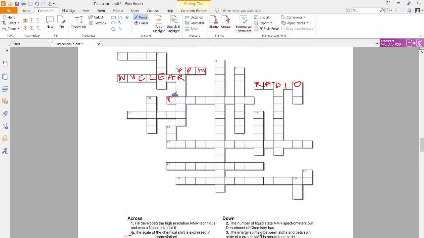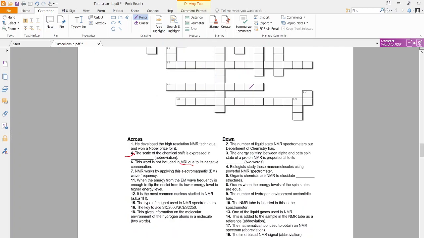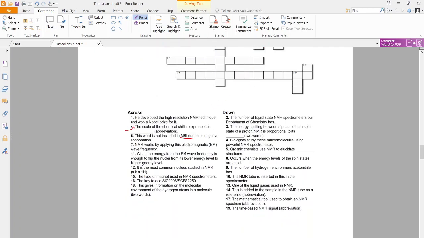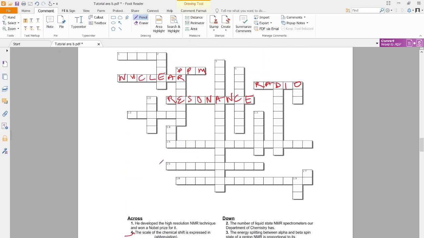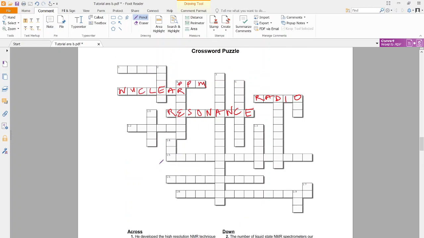So that's resonance. I hope you had fun doing this, and I really hope that you actually do it. It is the most common nucleus studied in NMR. That has to be proton.